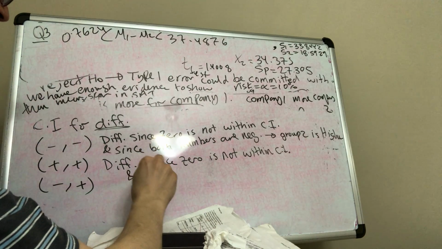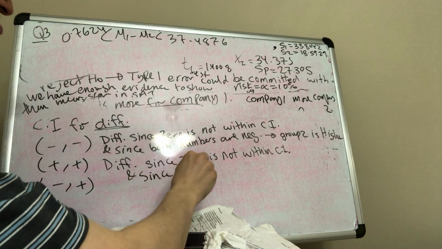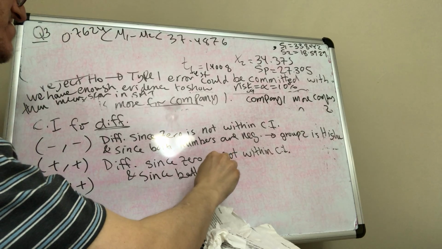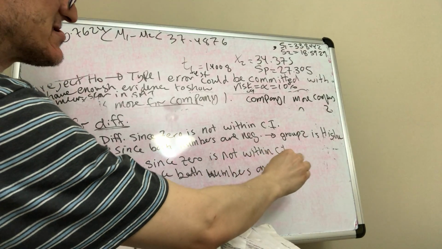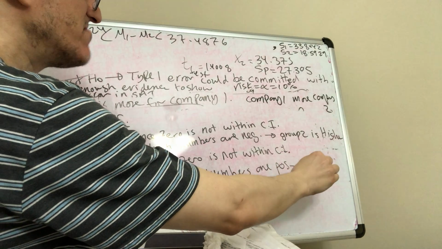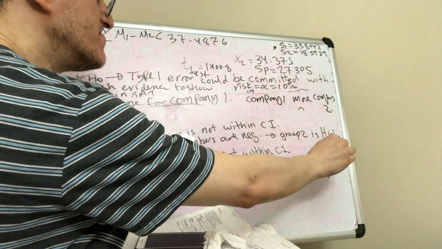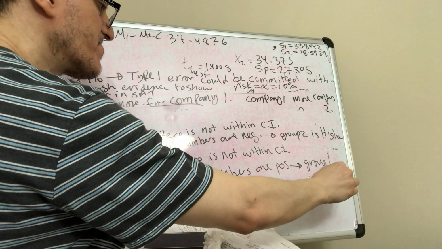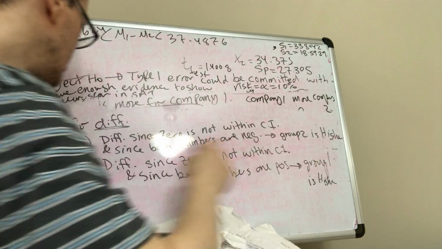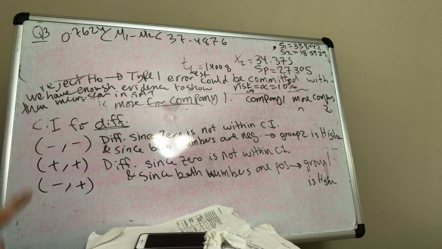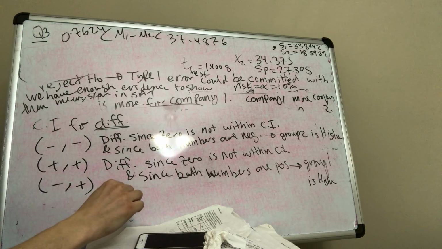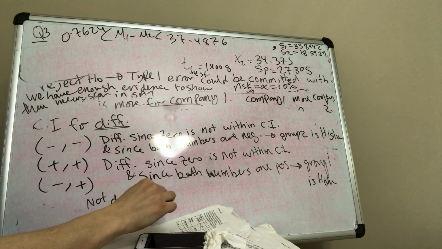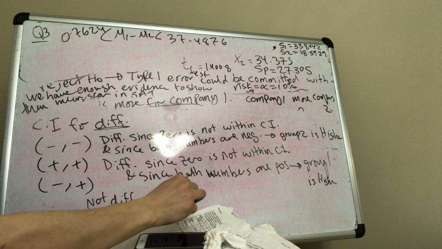Since both numbers are positive, that means group 1 is higher. Negative, positive, then we say they're not different, since 0 is within.